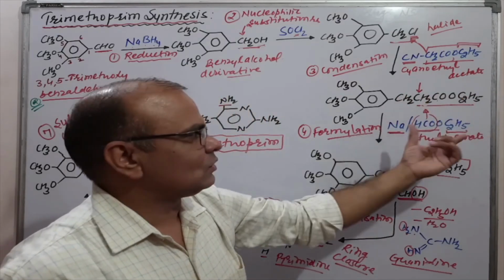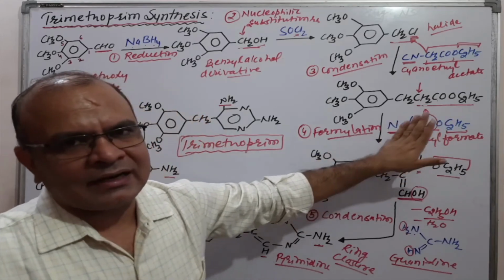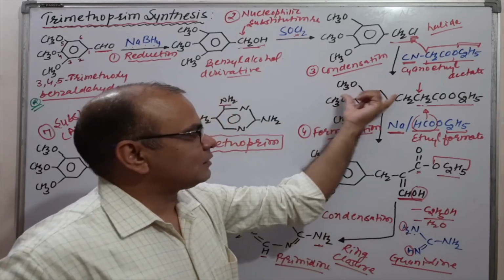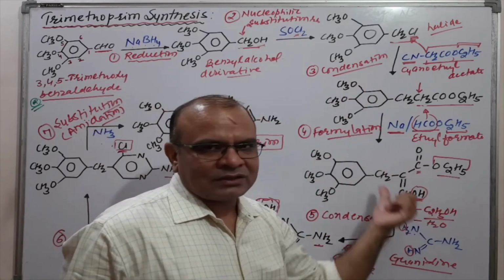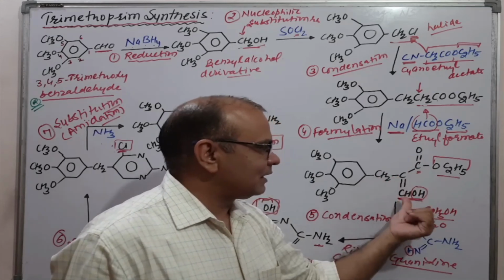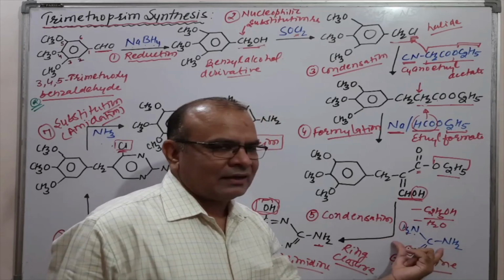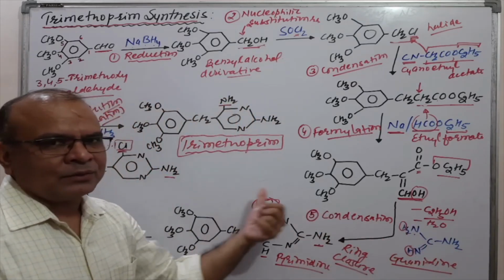Ester derivative treated with sodium and ethyl formate results in the formylation of the intermediate, giving the double bond carbon derivative, which is treated with guanidine. That guanidine forms the ring formation, the pyrimidine ring formation.